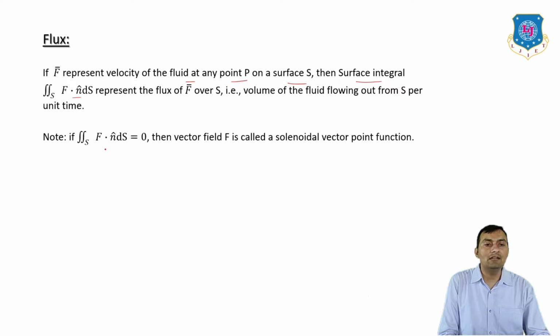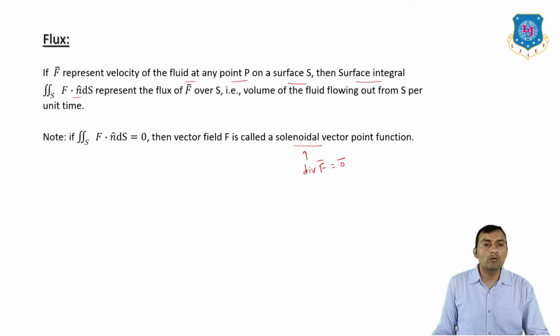Also, we already studied that if the double integration over the surface S of F dot n cap dS is equal to 0, then the vector field F is called a solenoidal vector field. Also, we have studied that if the divergence of F is equal to 0, then the vector field F is called solenoidal.